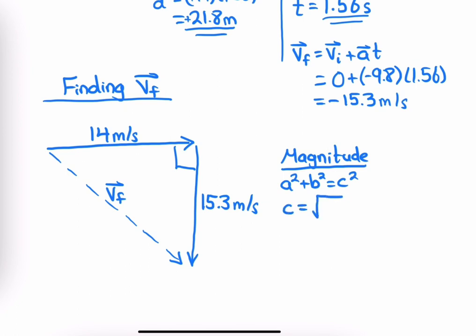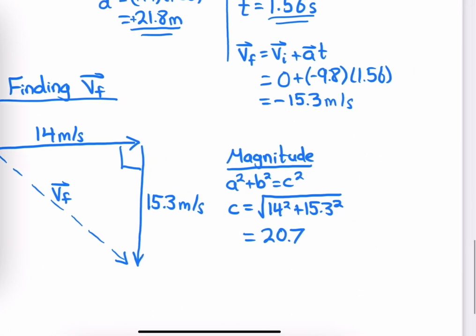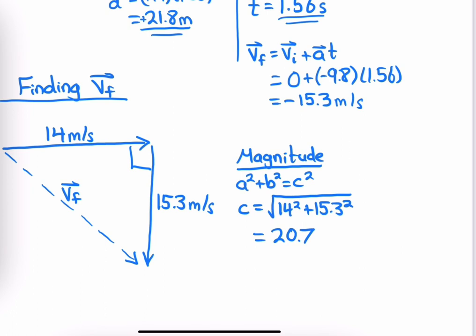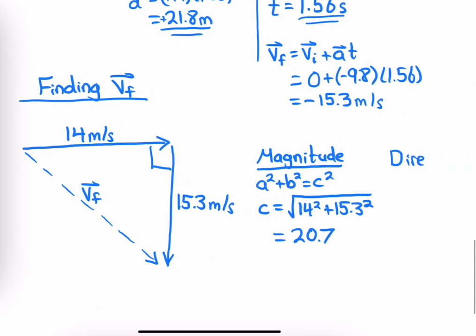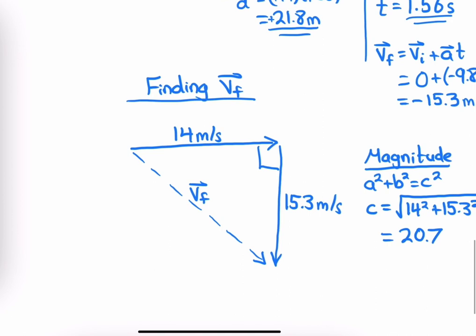So that's going to be equal to the square root, if I rearrange everything and isolate c, of 14 squared plus 15.3 squared. And that tells me that c is going to equal 20.7 if I round it to 3 sig figs. And now the direction part. Maybe I'll put my direction here. Got some space on the page down here. Let's do that.